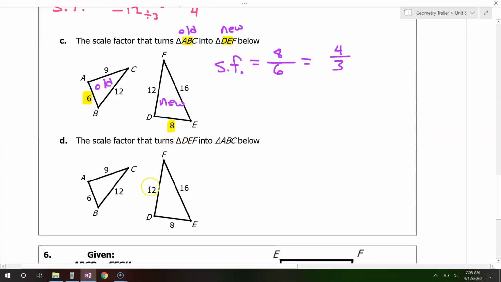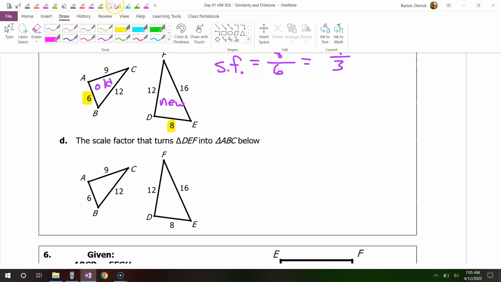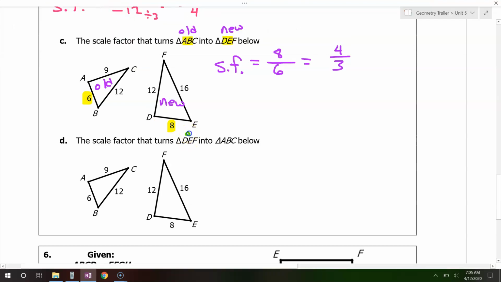All right, so it looks like we're doing the same exact picture, but this time we're finding the scale factor that turns DEF into ABC. So this time DEF is the old and ABC is the new.